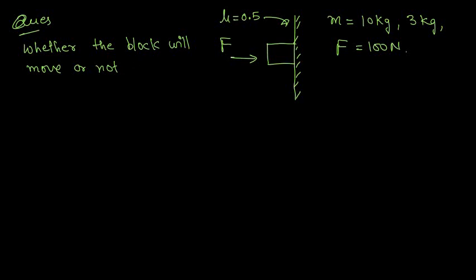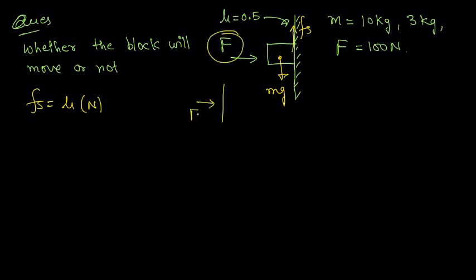So again, if you draw the free body diagram, then there will be a force mg acting in the downward direction. Okay, if it moves downward, then there will be a frictional force f_s in the downward direction. So you know f_s is mu times the normal force, and the normal force will be this force, because if you apply a force on a block here, then the wall always applies a force on this block m.